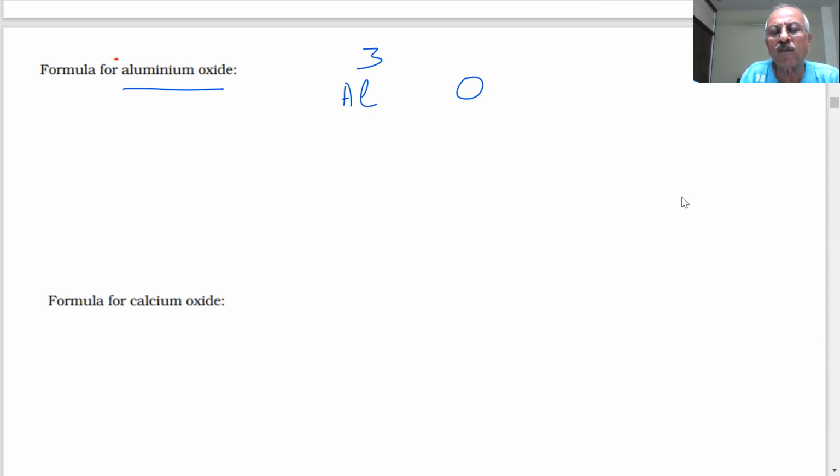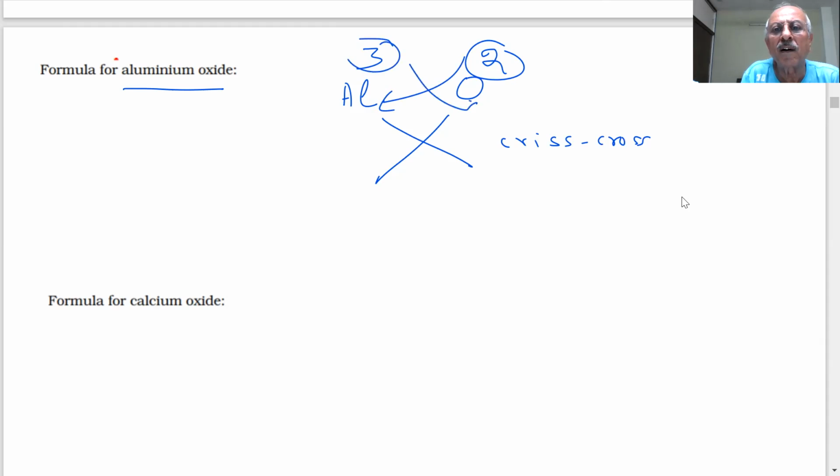What is the valency of oxygen, students? 2. Crisscross. Crisscross means what? The 2 will go where? To the aluminium, and 3 will go where? What will you get? Al, how much? 2. And oxygen 3. So this is the formula of aluminium oxide.